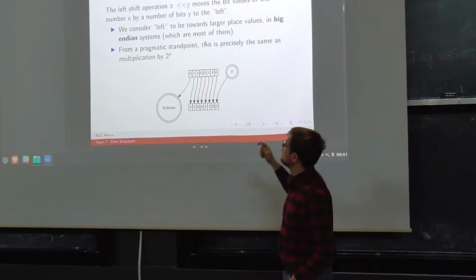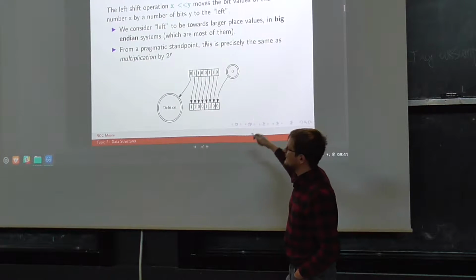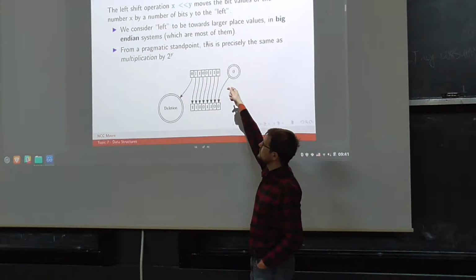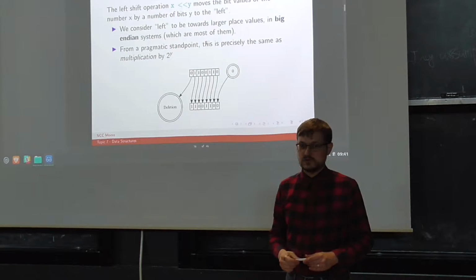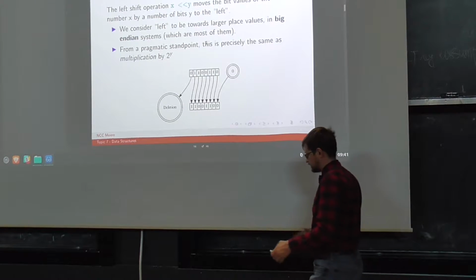Effectively, the left shift operation, at least in big endian systems, constitutes multiplication by 2 to the power of y, where y is the number of bits you're shifting, right?